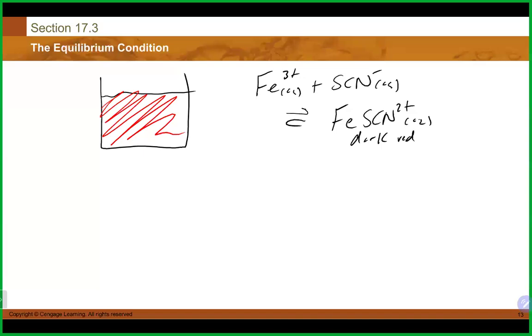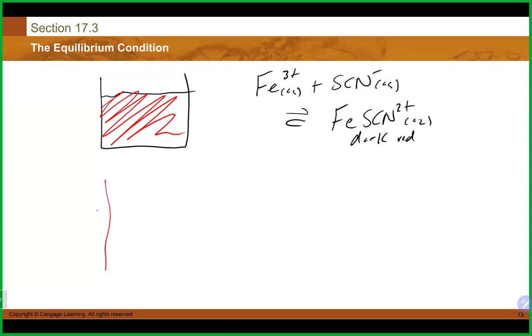This reaction has reached equilibrium. When you look at the beaker, it doesn't look like much is happening, because it turned red and doesn't appear to be changing. So on the macroscopic level, it may appear that nothing is happening. The reaction seems over.